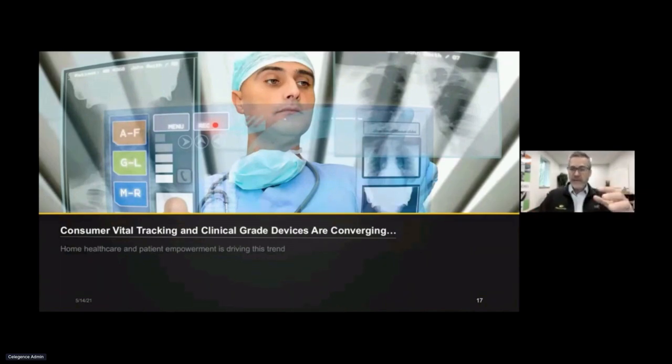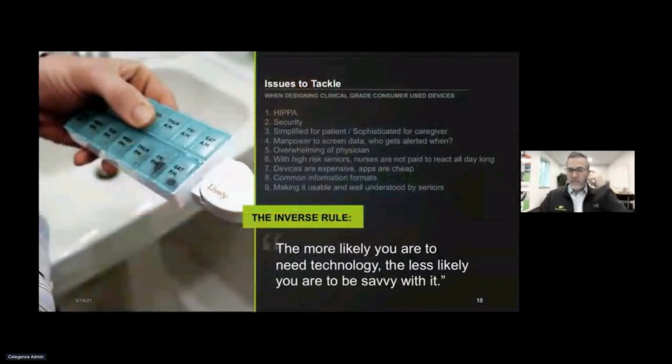So usability and how the user sometimes now in these situations is changing from a clinical user to the patient user.